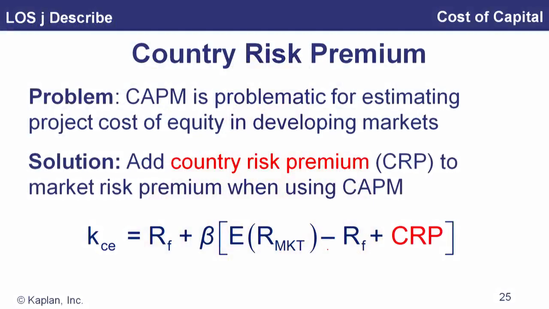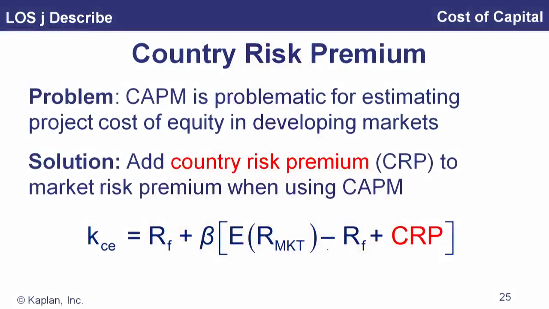We need to know what to do with a country risk premium. We don't need to know a lot more than that. And here's one suggested way. The idea is that the CAPM, the capital asset pricing model, is problematic for estimating the project cost of equity if we're looking at a developing market, because that beta we're using based on our own markets is not the appropriate one to use. And the suggestion is that given a country risk premium, which we don't have to calculate, we just add that.